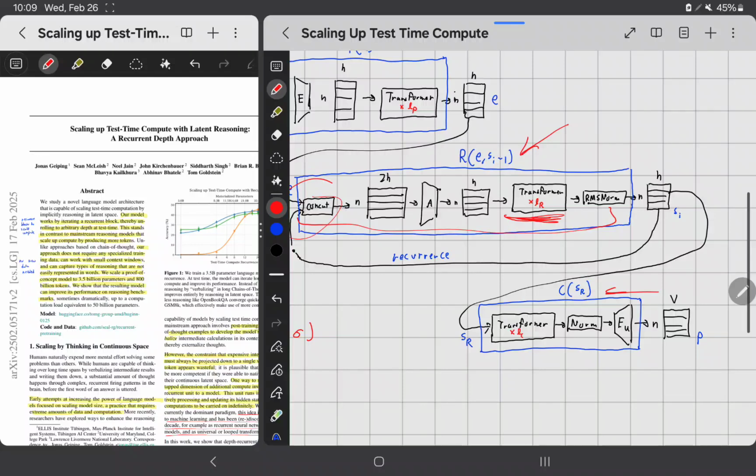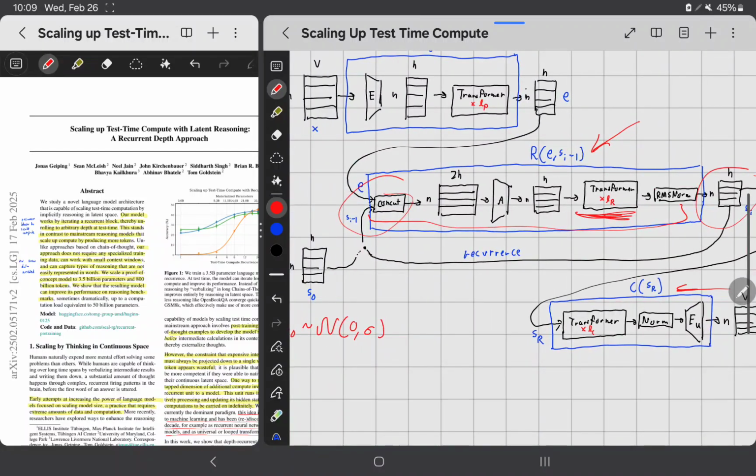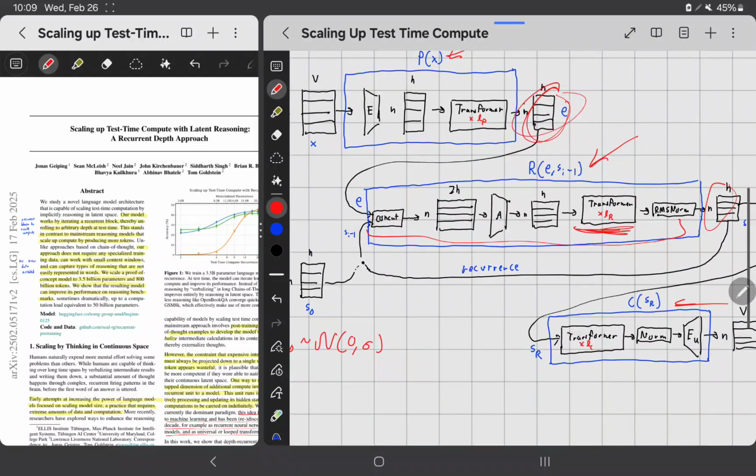So we take in these two inputs, we get this output, and we are going to take this output and concatenate it with the initial representation here, these initial latents, and send it through the block again. And then you keep on doing that.